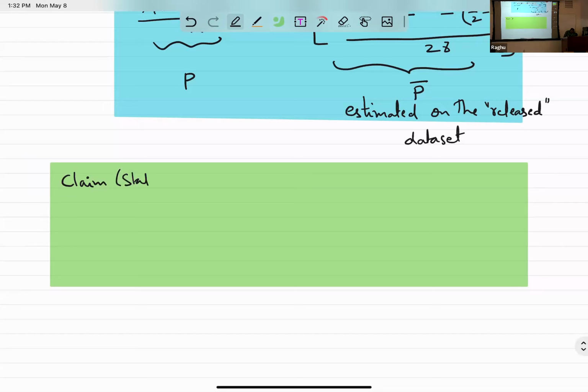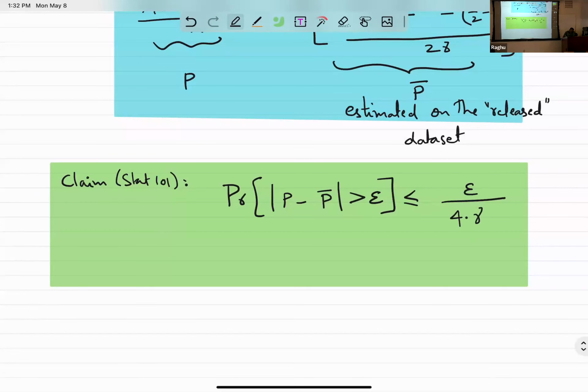Let's say this is stat 101: you can show that the probability that the true value P minus your P bar is greater than epsilon is less than or equal to this bound. Okay.